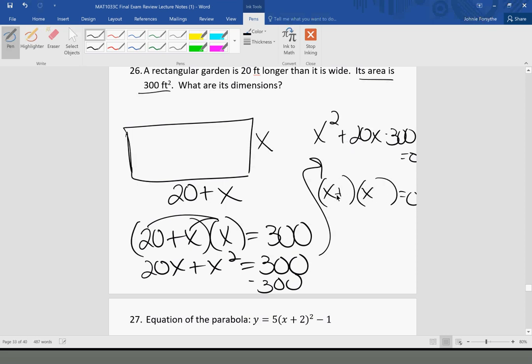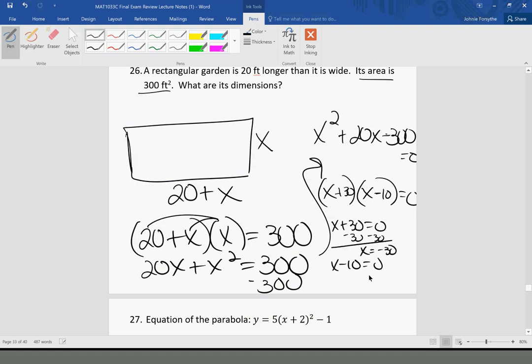Let's bring down the first sign and then multiply the signs together to get the next sign. We need two numbers that will multiply to give me 300, but subtract because 300 is negative, to give me 20. That'll be 30 and 10. And I want to write the bigger factor first. Then to solve this, I want to take each factor, set it equal to 0, and solve.